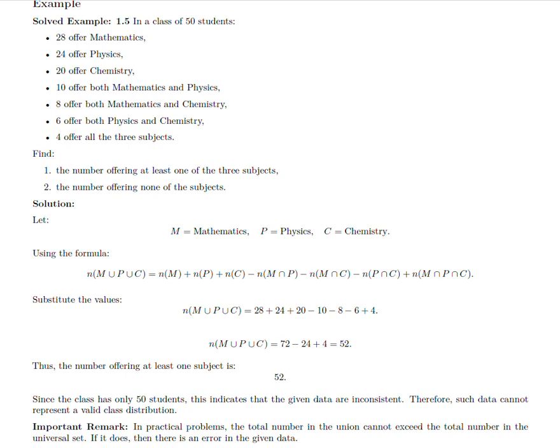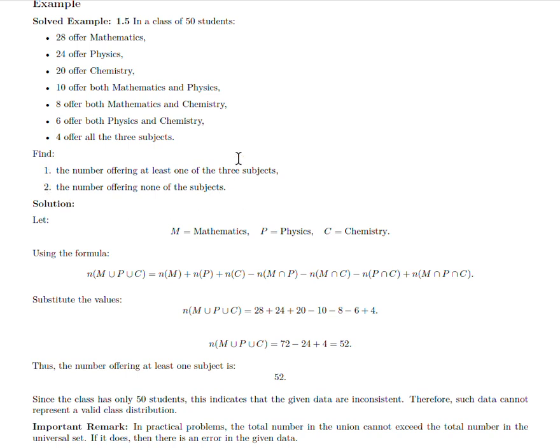right? So the data is not consistent because the least number of subjects you can offer out of three subjects is one, right? And we have the population that offers at least one, which is 52 already. And then if you are offering none, it means you are offering zero.